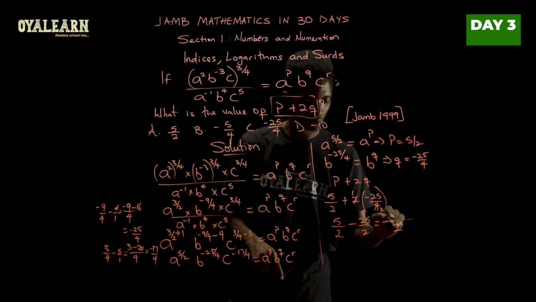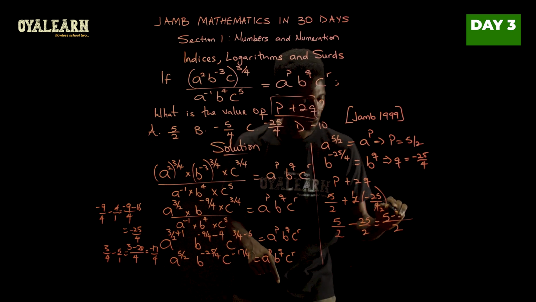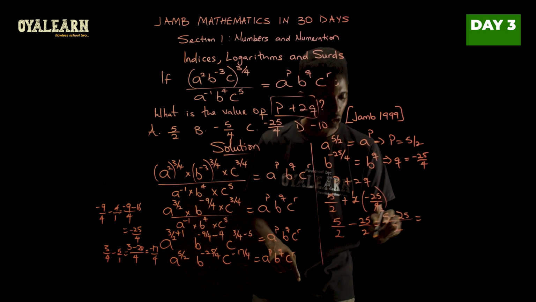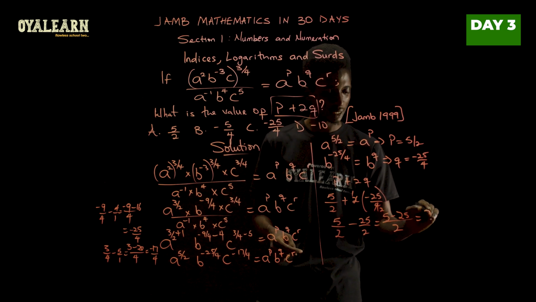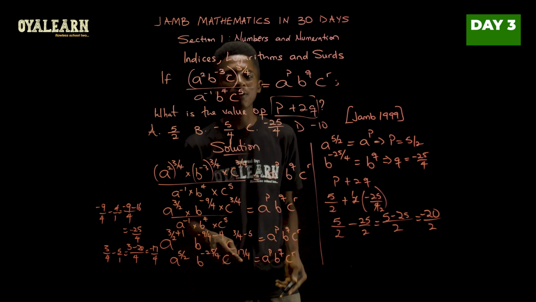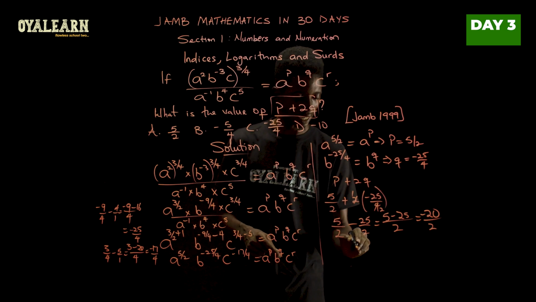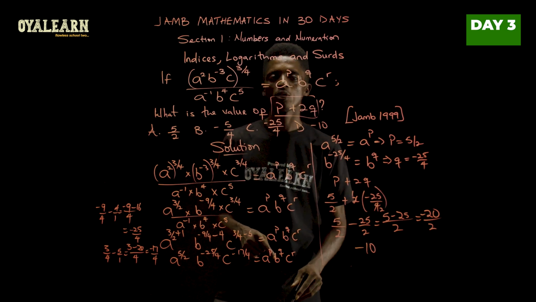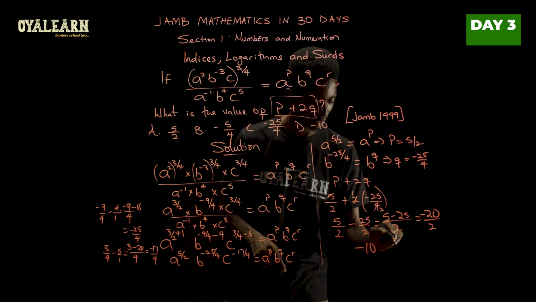Now LCM is 2, so we'll have 5 minus 25, which is minus 20 over 2. And when we divide minus 20 by 2, our answer is minus 10. So the correct option here is D.